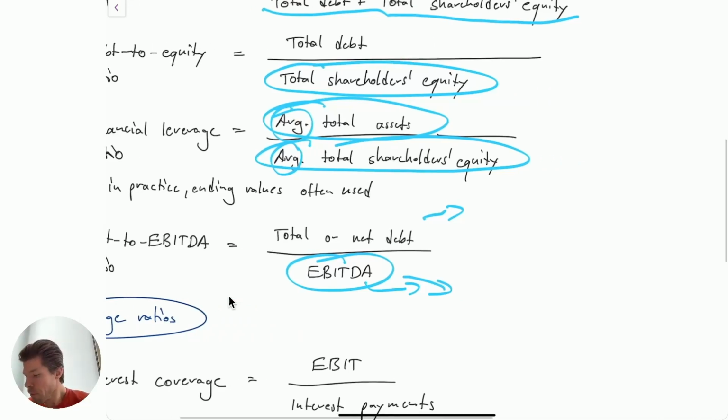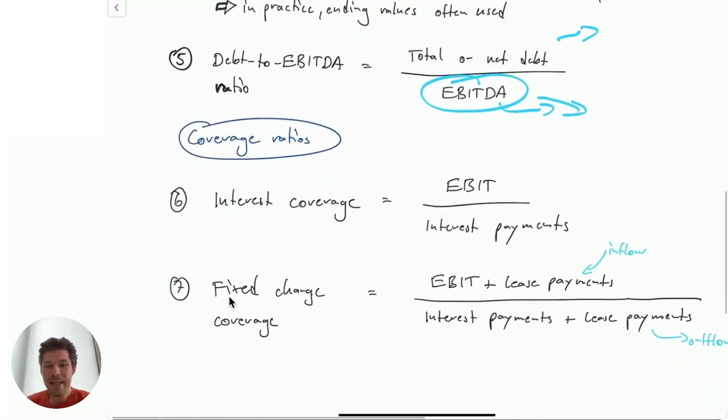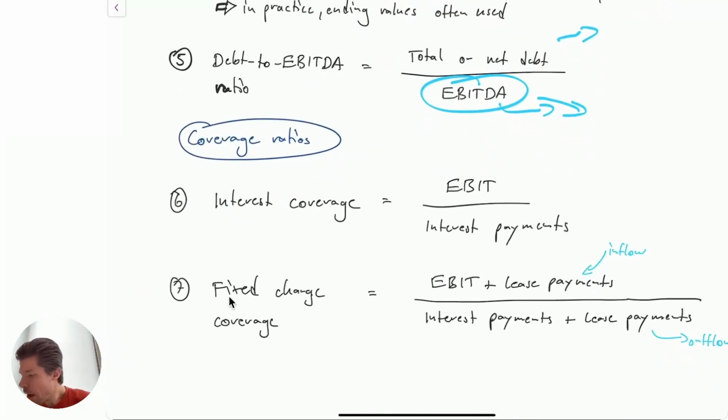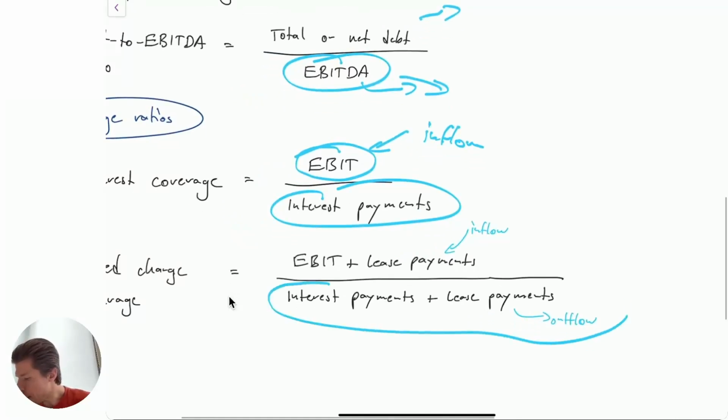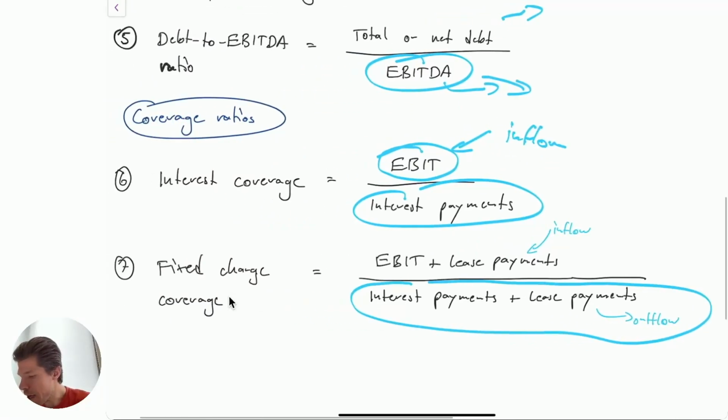Good. Coverage ratios here again. How much cash inflow supports your cash outflow. In the denominator, you can see in both formulas what you need to pay. And in the numerator, you see what money you have available.